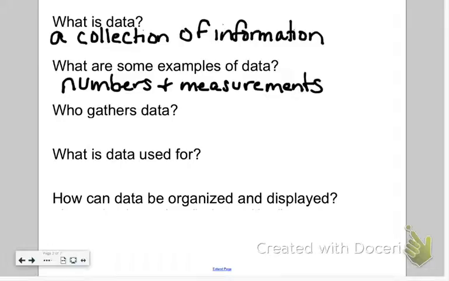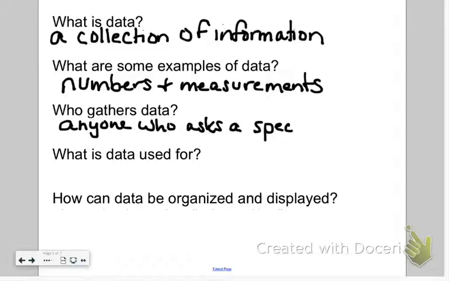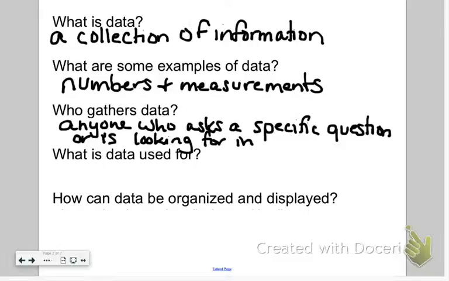Well, basically anyone who asks a specific question or is looking for information. So who gathers data? Anybody. You could be collecting data. And what would we use this data for? Basically, to form conclusions.